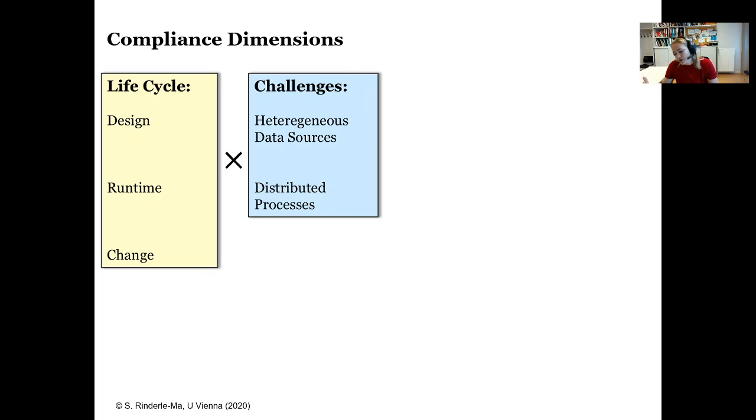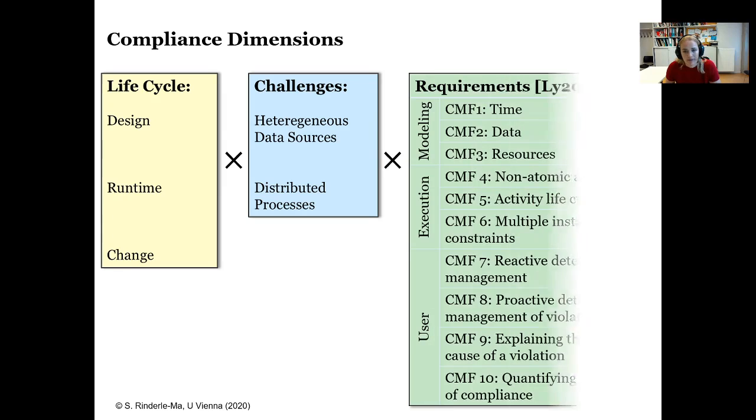Typically, they only show a certain view on their processes to the outside. So how can we check, ensure, guarantee compliance in these settings? And this times symbol here means that for both challenges, we have questions to solve for all the life cycle phases on the left-hand side.